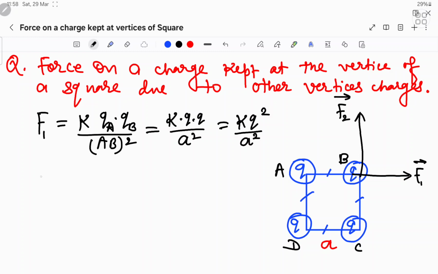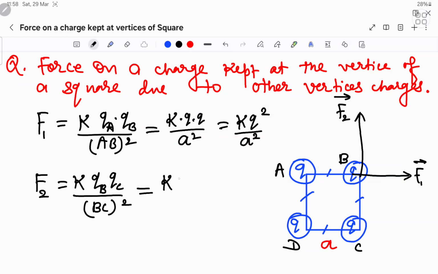The magnitude of F2 is again equal to K Q at B Q at C divided by BC whole square. So this is again K Q square by a square.